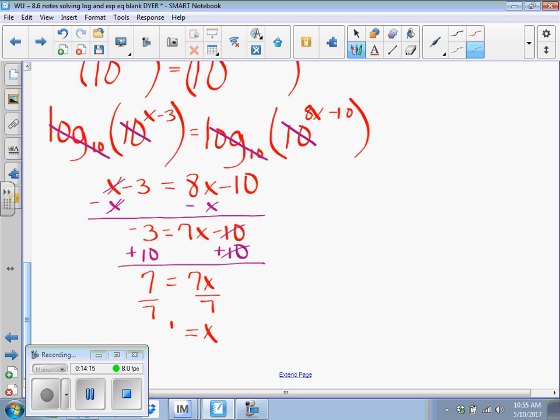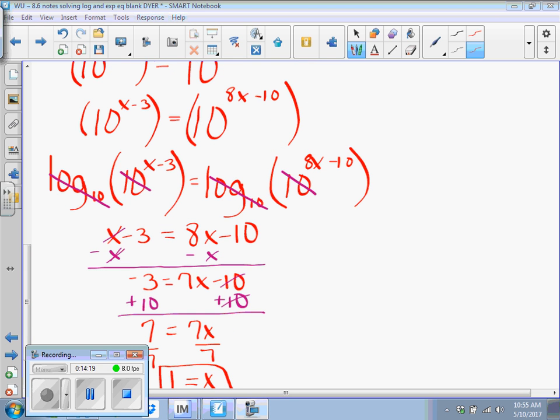And x equals 1. So when you have the exponential by itself on the left and the exponential by itself on the right, if the bases are the same, you can skip this step right here and just cancel the bases and set the exponents equal to each other. Everybody understand that?